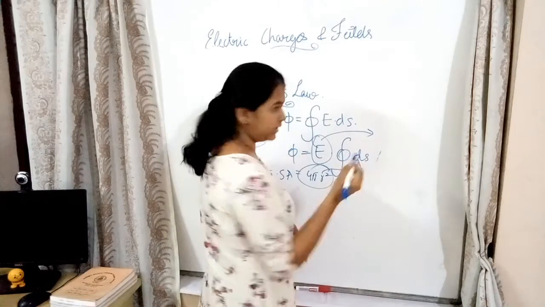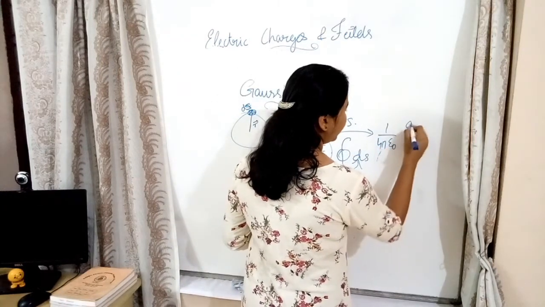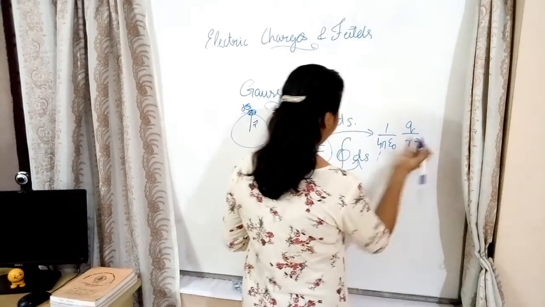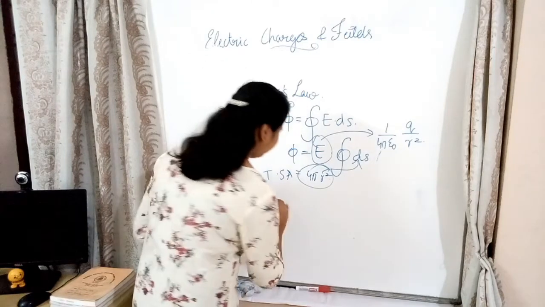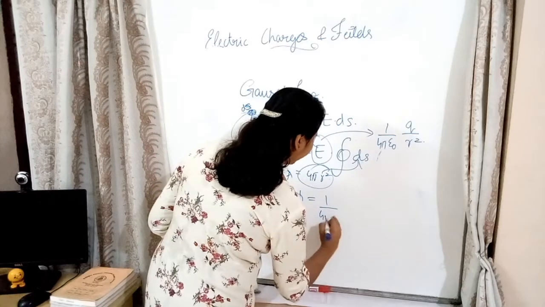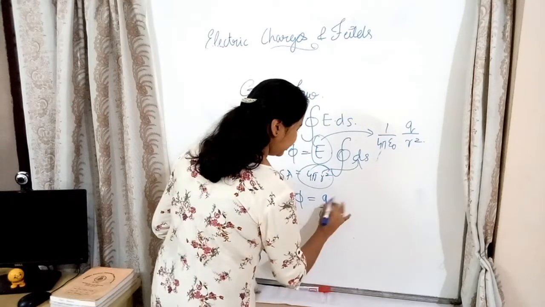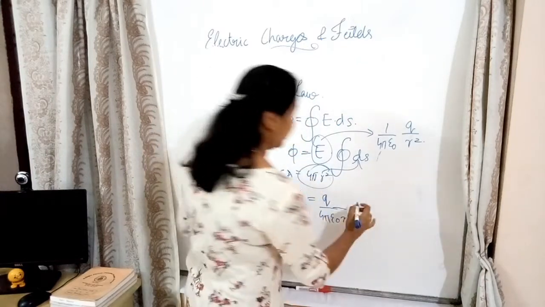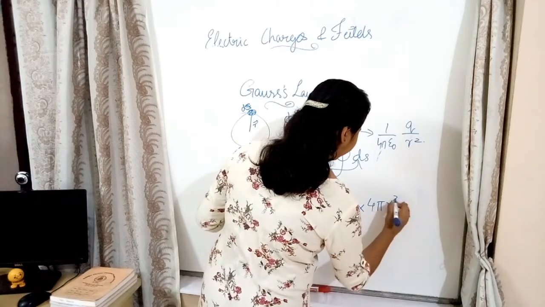E is 1 by 4 pi epsilon 0 times q divided by r square. So phi is equal to 1 by 4 pi epsilon 0 times q by r square into 4 pi r square.